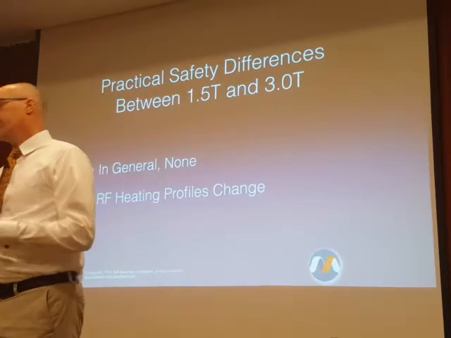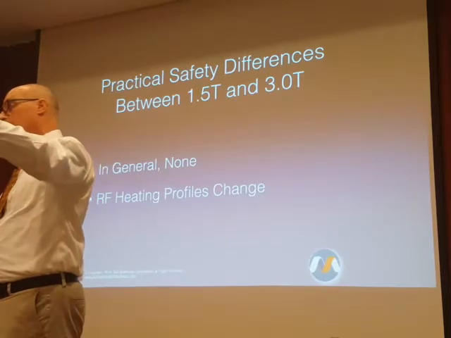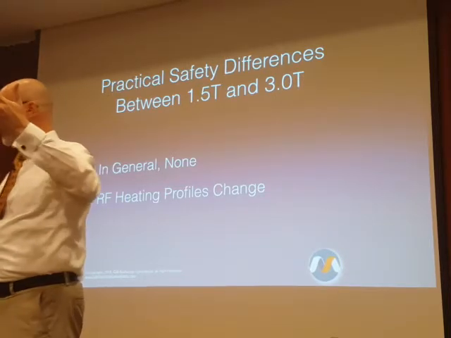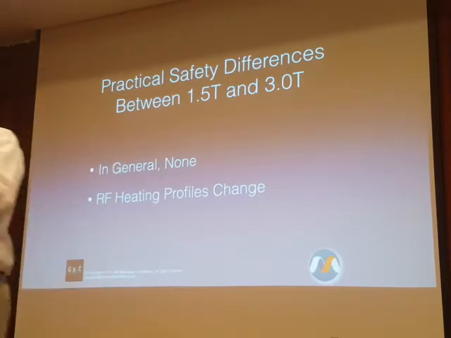Obviously, as we get to the higher field strengths, we have greater potential risks associated with things going flying. But if you're doing an effective job of keeping those things out of the suite when all you have is a 1.5 Tesla, if you get a research 7 Tesla magnet, you're at no greater risk because you ought to have been doing a great job of that at the lower field strength.